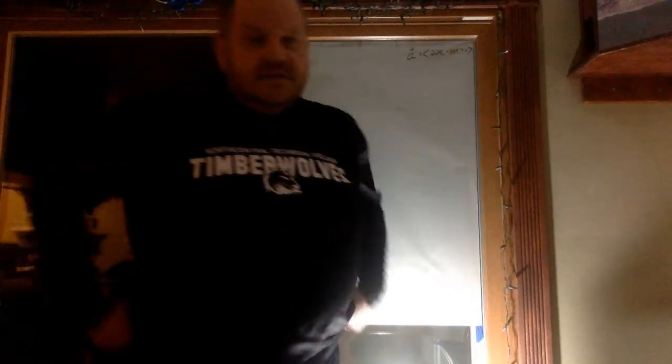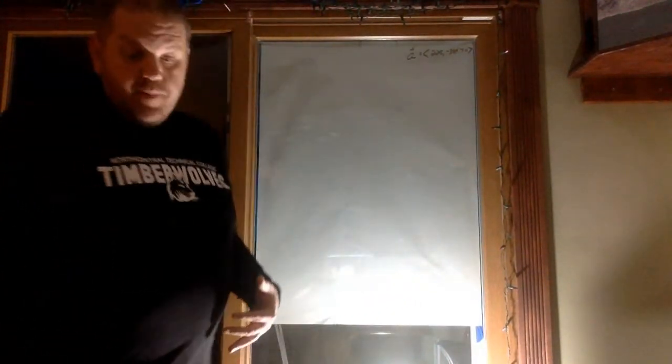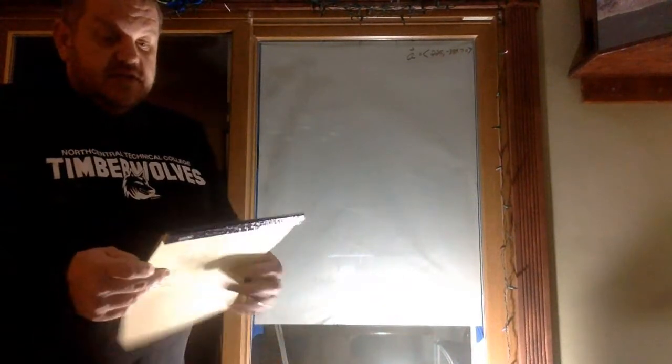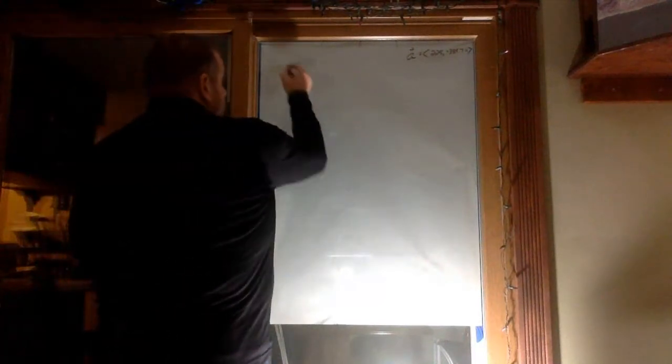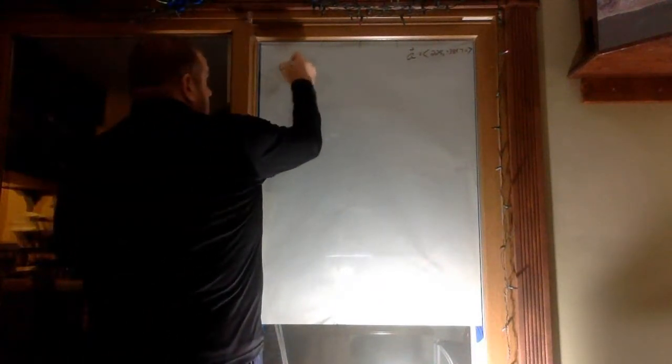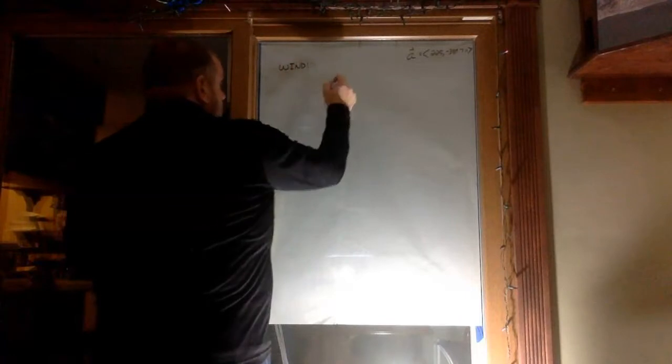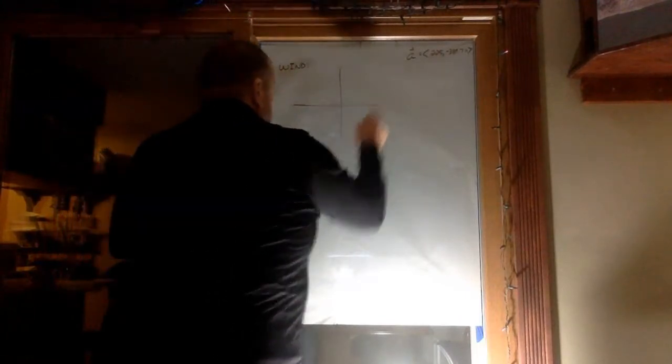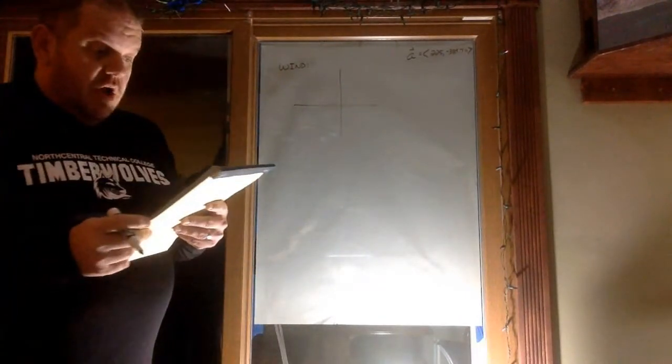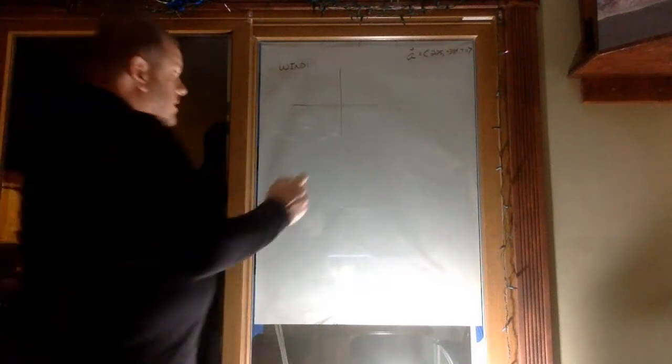Now, let's deal with our wind vector. So the wind vector says that the wind is blowing from a bearing of 60 degrees.